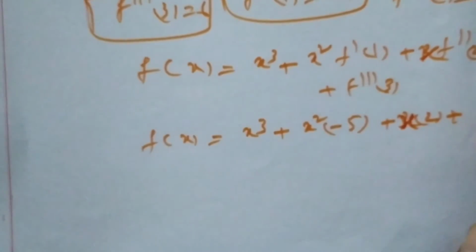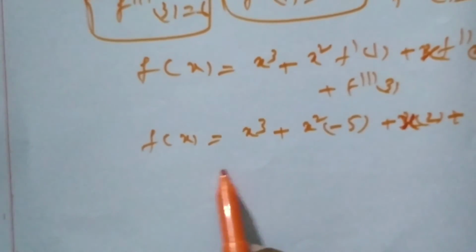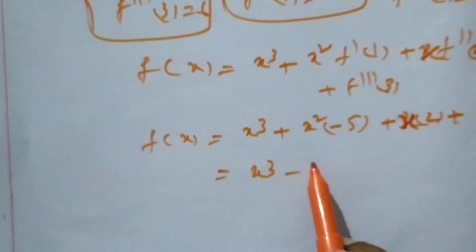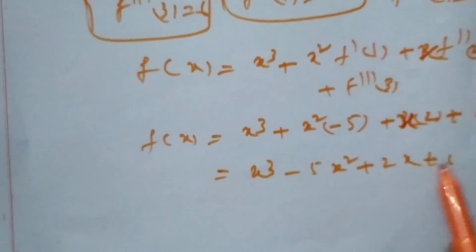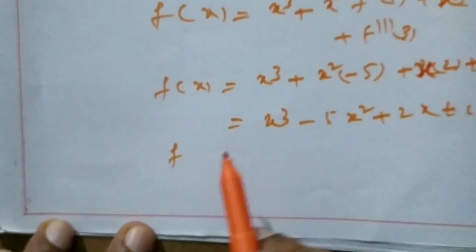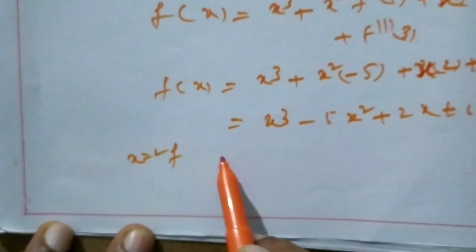So this is x³ - 5x² + 2x + 6. Now put x = 2.